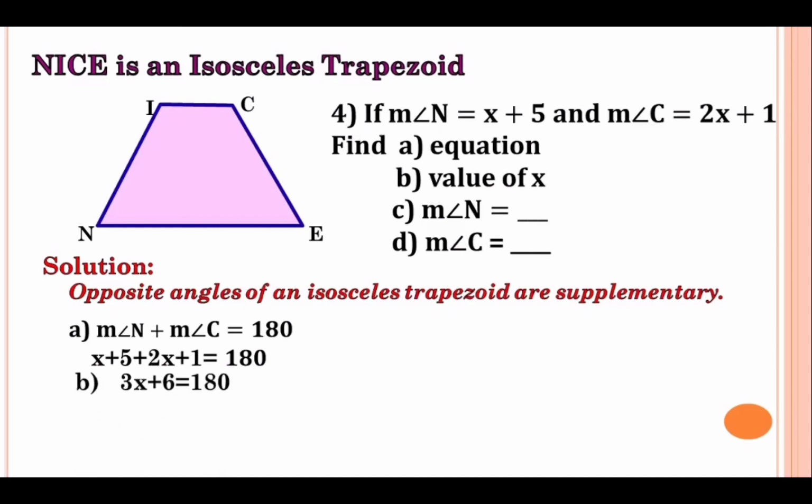Solving for x, we simplify this part. So x plus 2x, that is 3x, 5 plus 1 is 6, equals 180. Simplifying further, we'll have 3x equals 180 minus 6. 3x equals 174. We divide both sides by 3, therefore x is equal to 58.